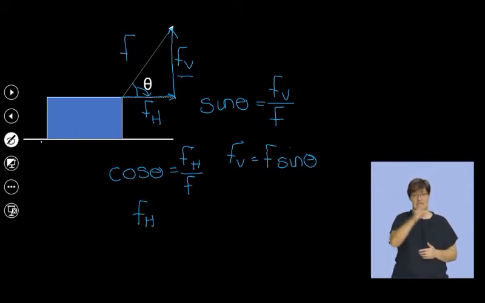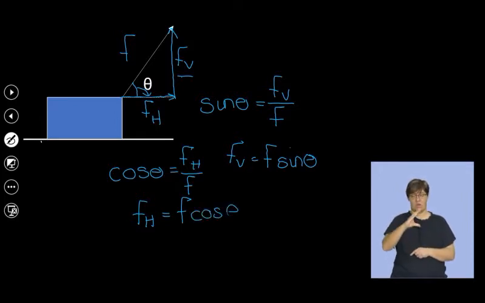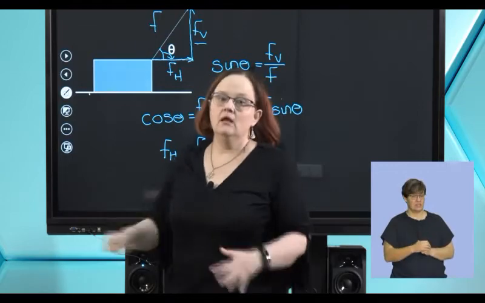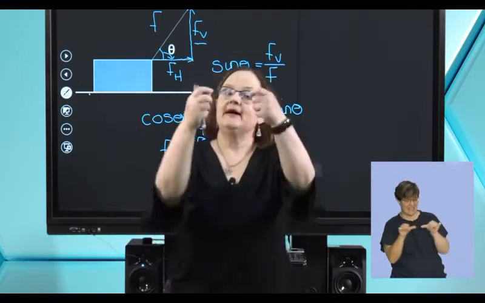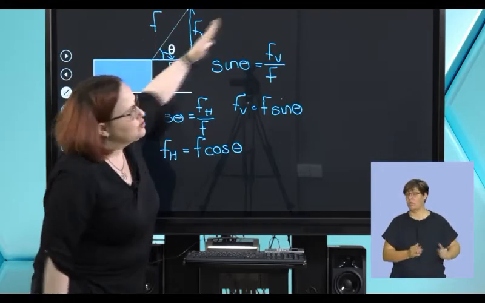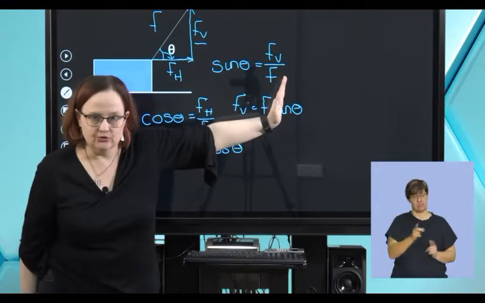So FH is F cos theta. Again, this equation gives me the size. Direction comes from the arrow, and my arrow is going towards the right, so FH must go towards the right.